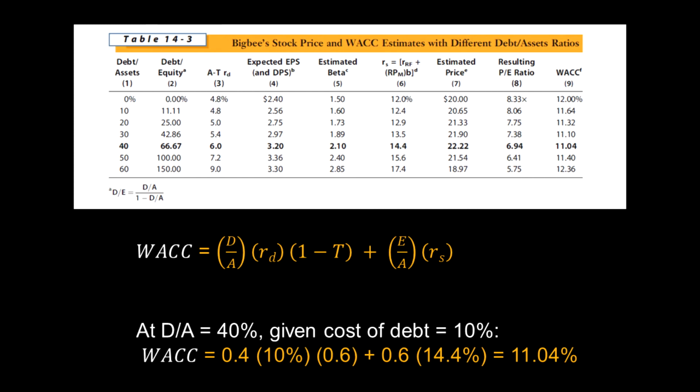All in all is equal to 11.04%. And this 11.04% is the WACC when the debt to assets ratio is 40%.